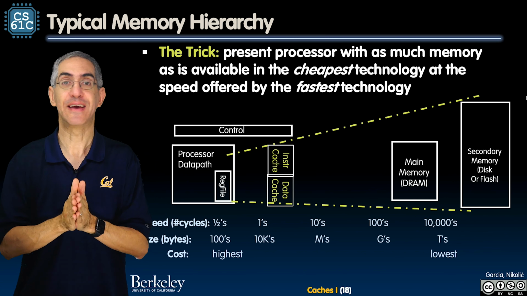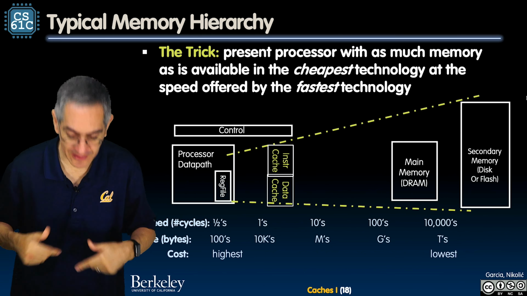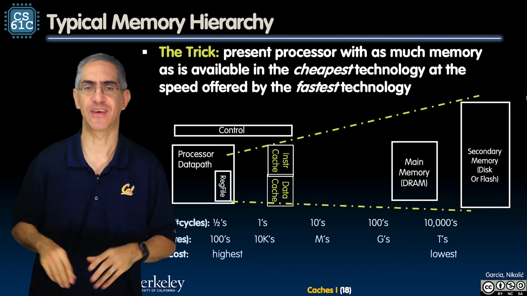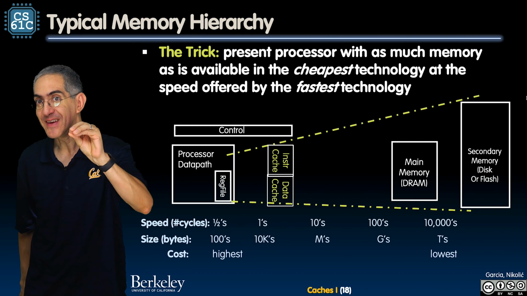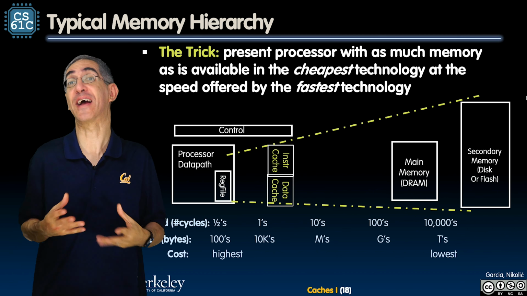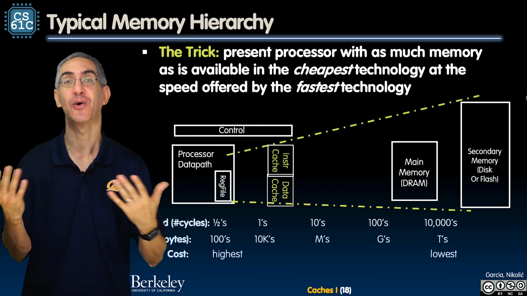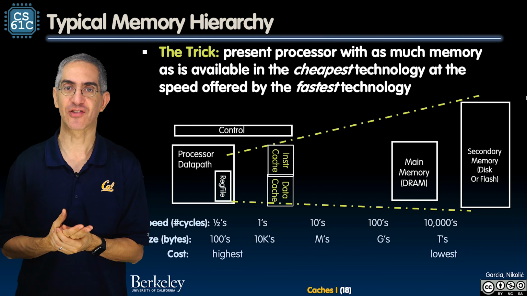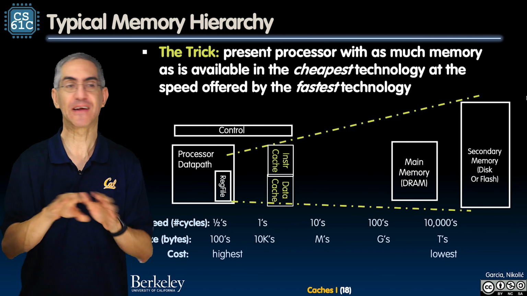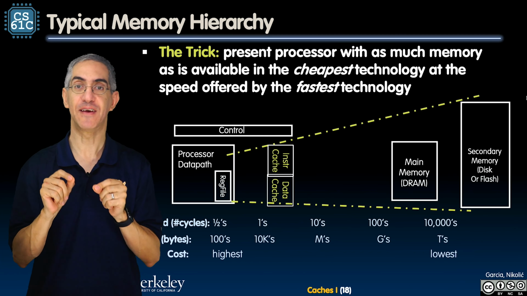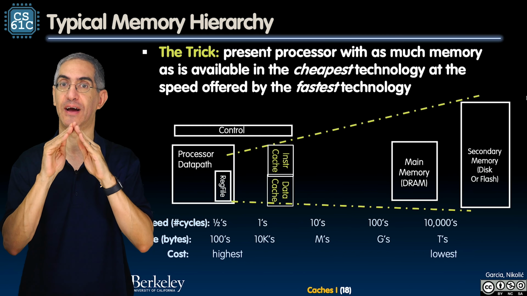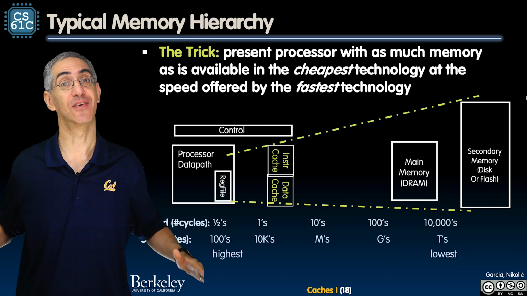So here's the whole beauty. This is a little longer of a video, but this is the beauty of this idea. The beauty is this abstraction. Abstraction is the key idea in this whole course. Forget the cost for a moment, but you're living at the speed of the smaller guy, at the size of the bigger guy.